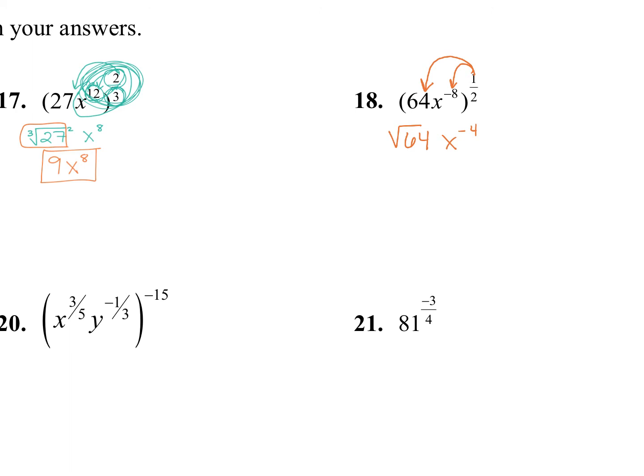Square root of 64 is 8. What's x to the -4th? What do you have to do with that? Yeah, move it down. So we're going to go over x to the +4th because that gets rid of our negative, right? And we want no negative exponents. So move it down, x to the +4th, and that will be your simplest answer.